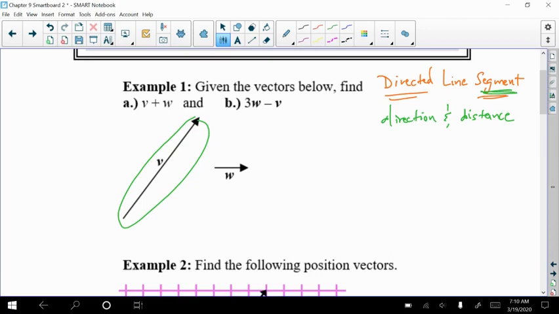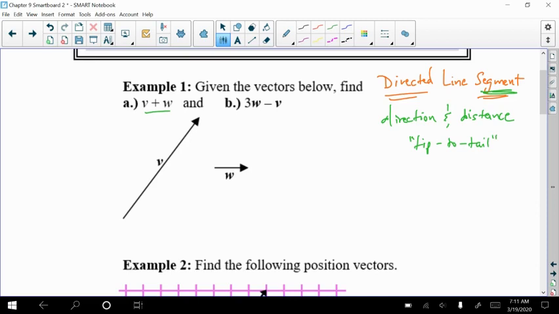The first couple problems here are just basic vector problems, like how do you add two vectors? How do you add vector v plus vector w? One thing I like to talk about is tip to tail. You put the tip, which is like the beginning of a vector, to the tail of the other vector.